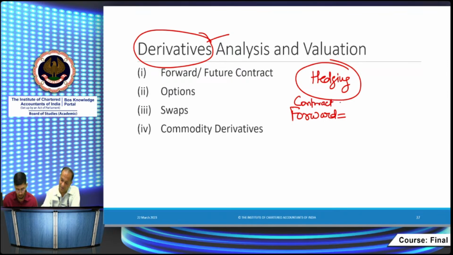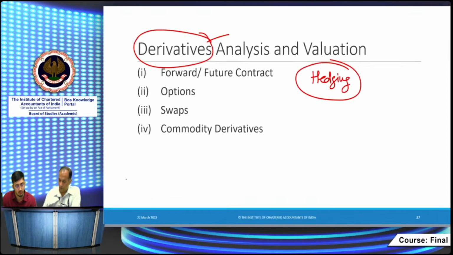Now, what do you mean by the term contract? Contract that you have read at your intermediate level. When we talk about the term contract, here it means agreement plus enforceability by law.